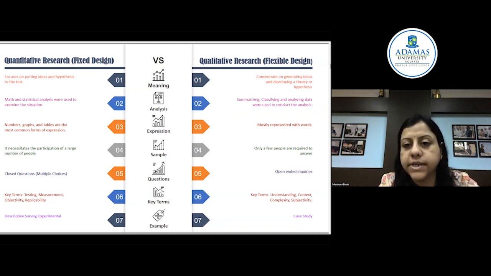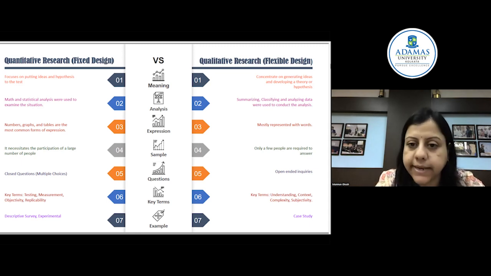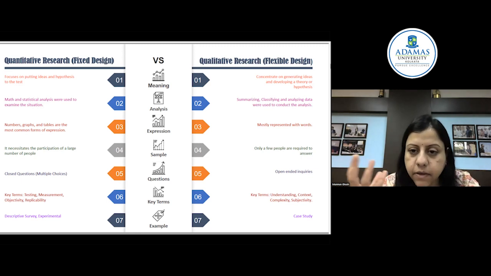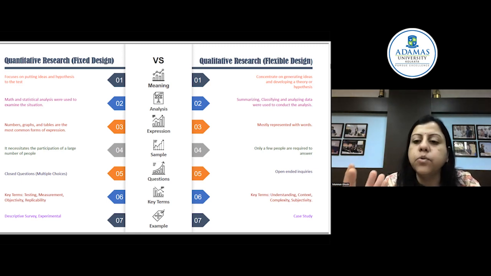In case of quantitative, when you want to express your data, it should be in graphs, it should be pictorial, which talks about the spread of the data, which talks about the expression of the data. But in qualitative, since your data point is your text or words, you describe mostly through conversations or through words.